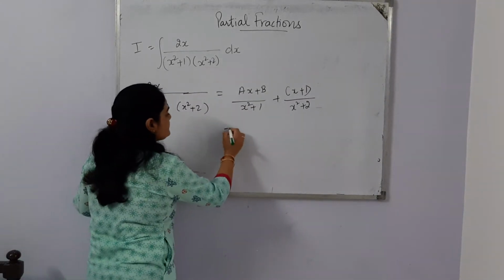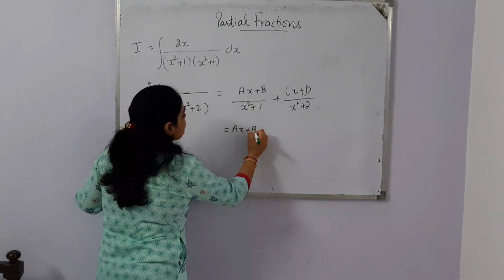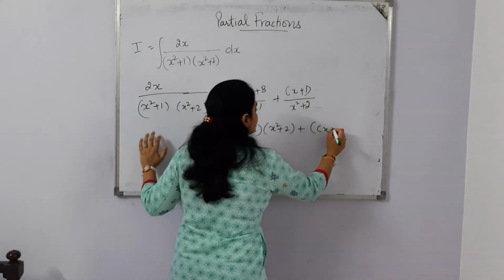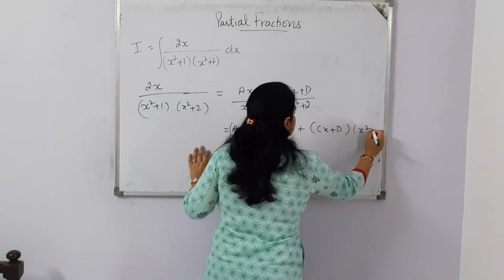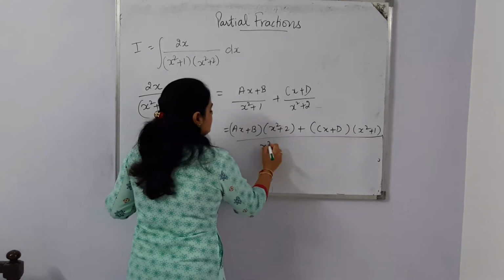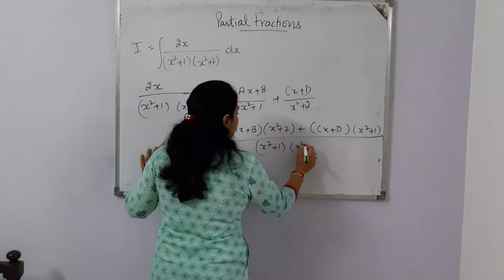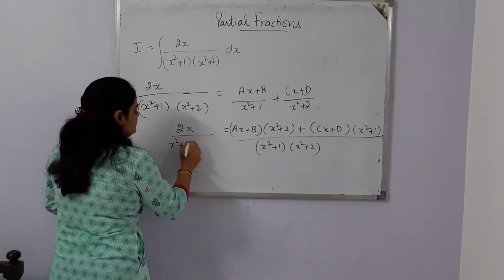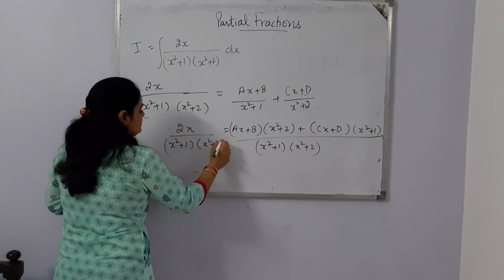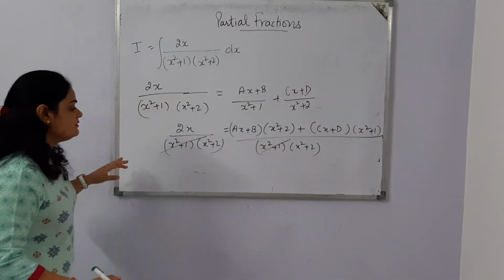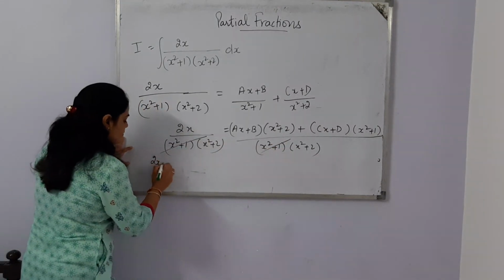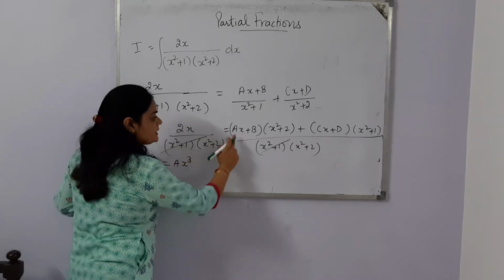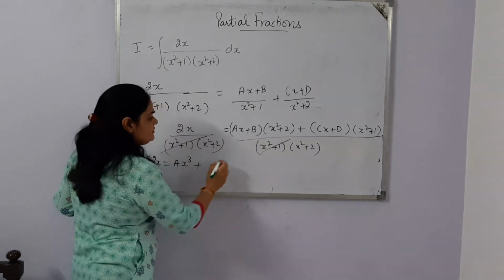So after taking LCM, what we'll get is plus cx plus d into x square plus 1, whole upon x square plus 1 into x square plus 2, and here we are having 2x upon x square plus 1 into x square plus 2. Denominator will cut out with denominator, and here we are having 2x equals to, after multiplication, ax cube plus 2ax.